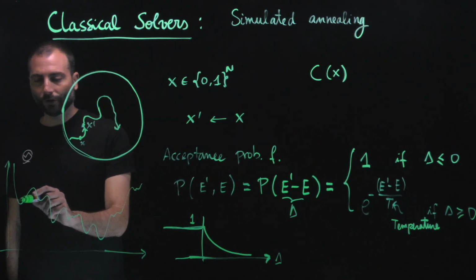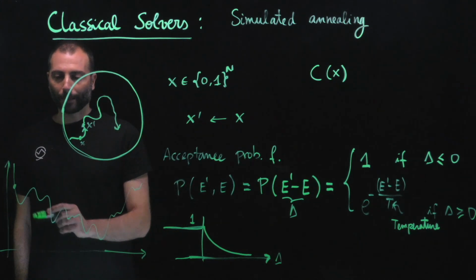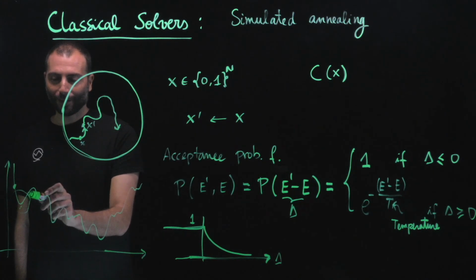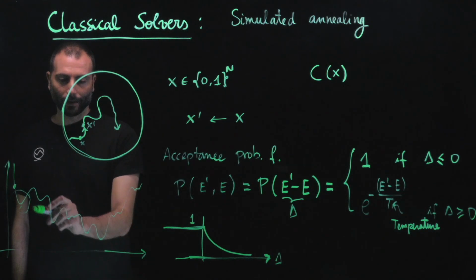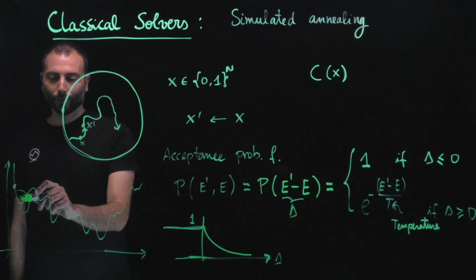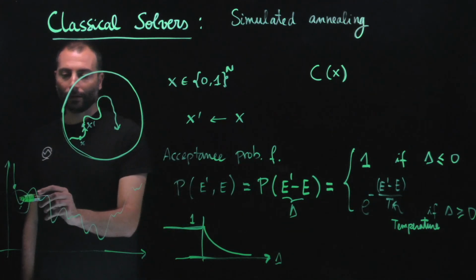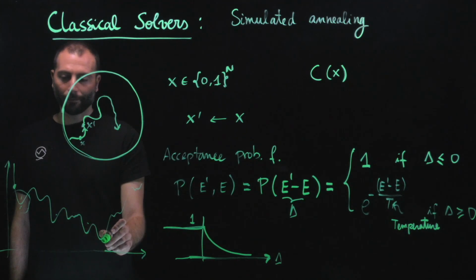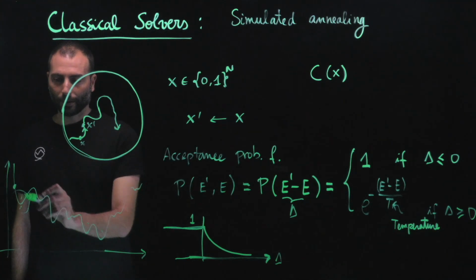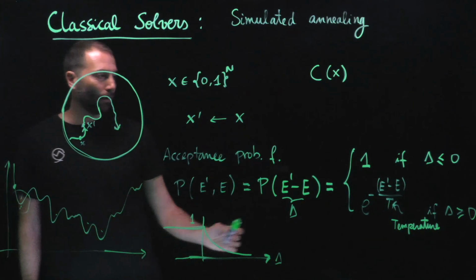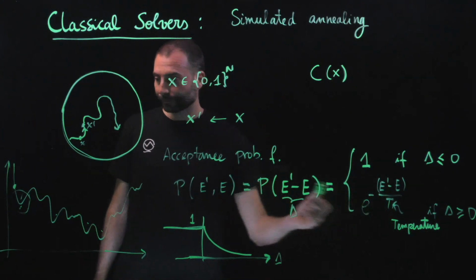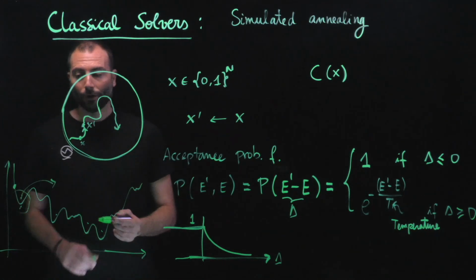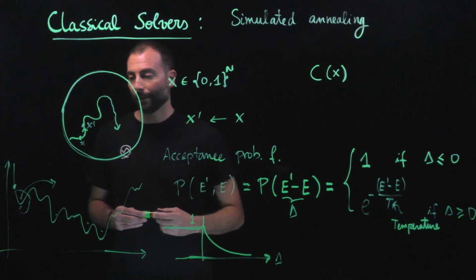If you randomly start initially at some point here, because there is a local minimum here, if you are not able to go to configurations with higher energies, you would never reach other configurations with an energy smaller than the one that you started with. So the idea of starting with a large temperature is precisely to allow the system to explore far away and not get trapped in local minima.